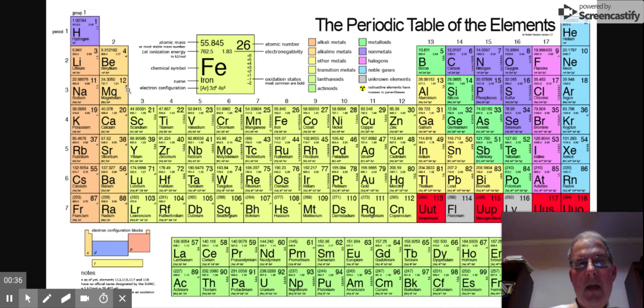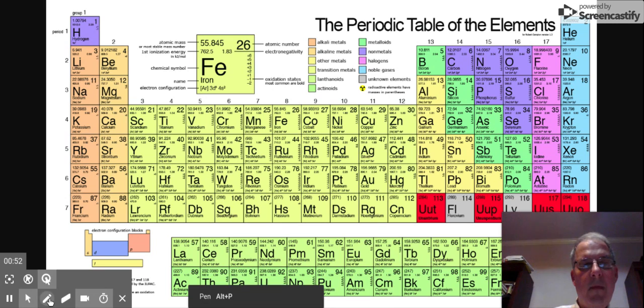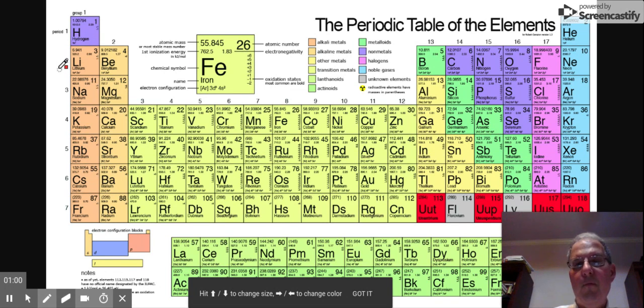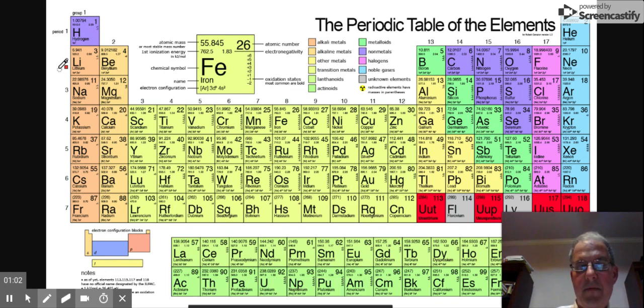First of all, the periodic table is arranged in rows and columns. The rows are called periods, and the periods give us details about which electron shell we're filling.